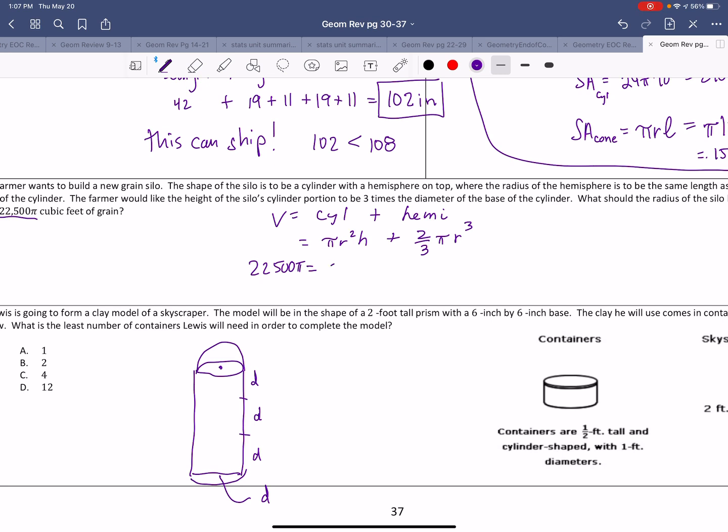Our radius we're solving for. Our height is, let's see, 1, 2, 3, 4, 5, 6 radiuses. So 6 times the radius is my height. And then I have 2/3 pi radius cubed.